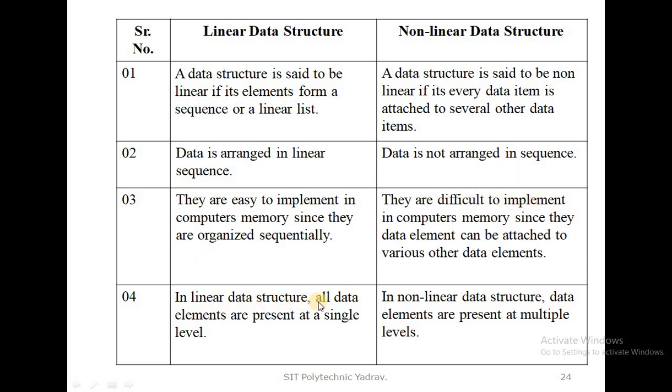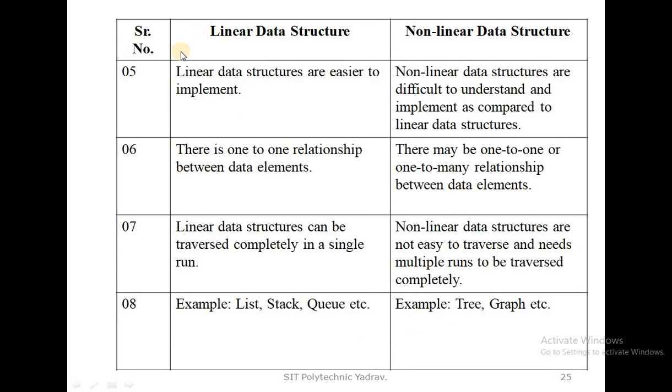In a linear data structure, all data elements are present at a single level, and in a non-linear data structure, data elements are present at multiple levels. Linear data structures are easier to implement. Non-linear data structures are more difficult to understand and implement as compared to linear data structures.